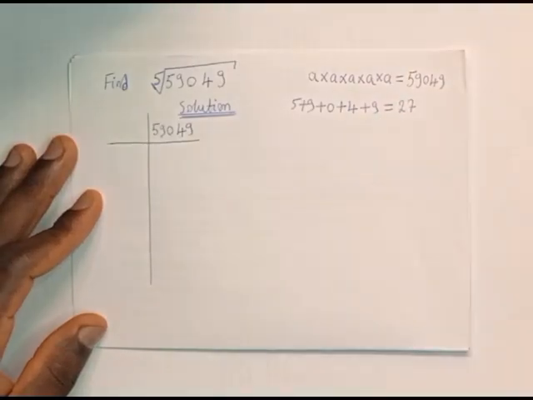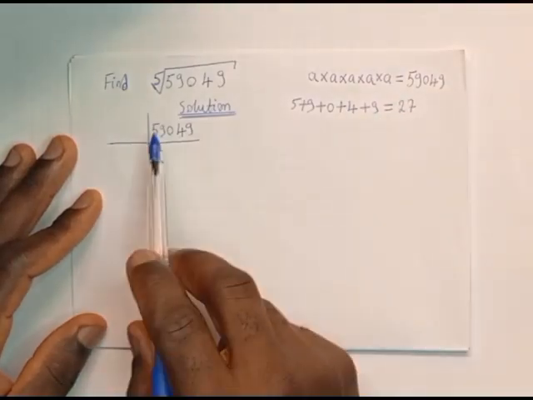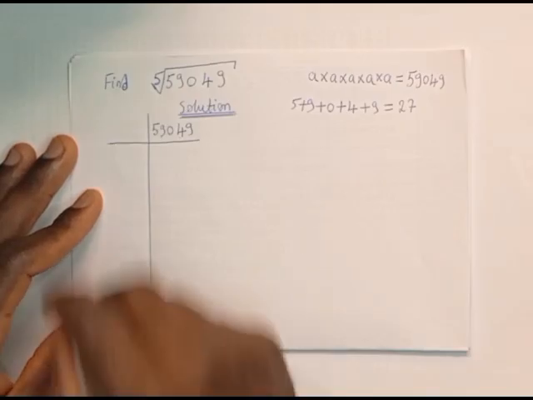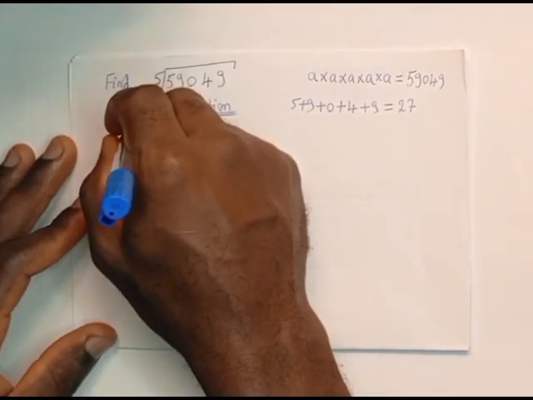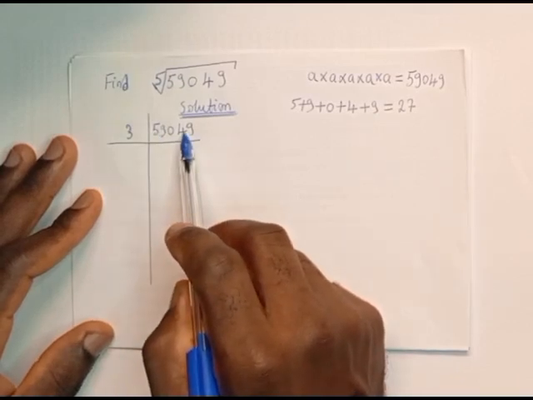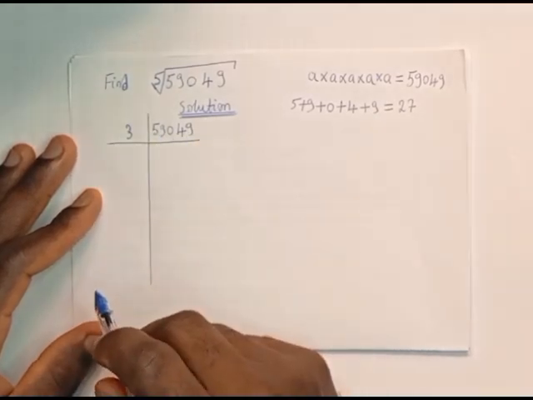And 27 is a multiple of 3. That means this number is divisible by 3, and 3 is simply the smallest prime factor of this number. Now we are going to proceed with the division.